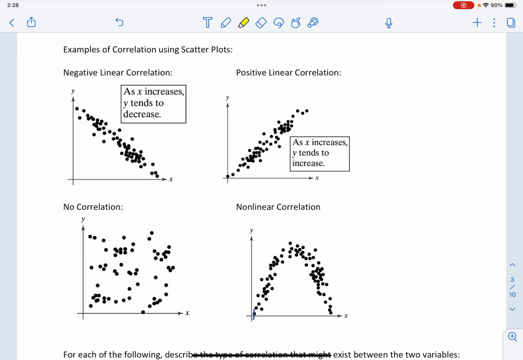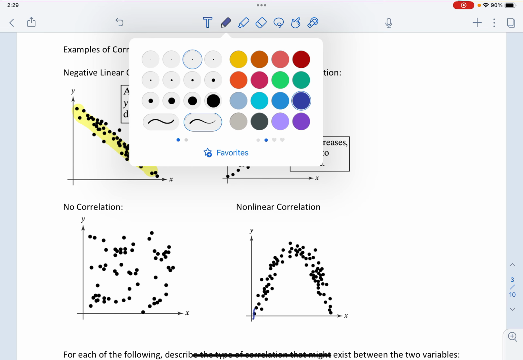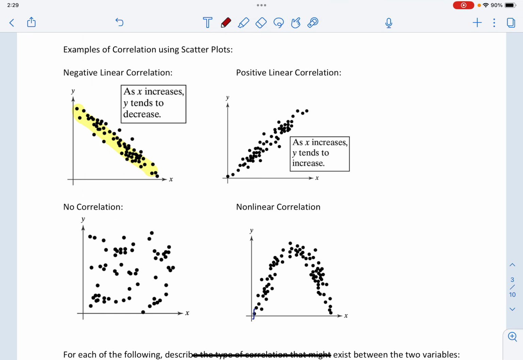Look at this first one, a negative linear correlation. Notice what's happening here: as x increases, y tends to decrease, which creates this sort of downward trend, right? So if we look at a specific dot, say, about this one right here, notice that one has a pretty large x value on the x-axis, but a very small y value.